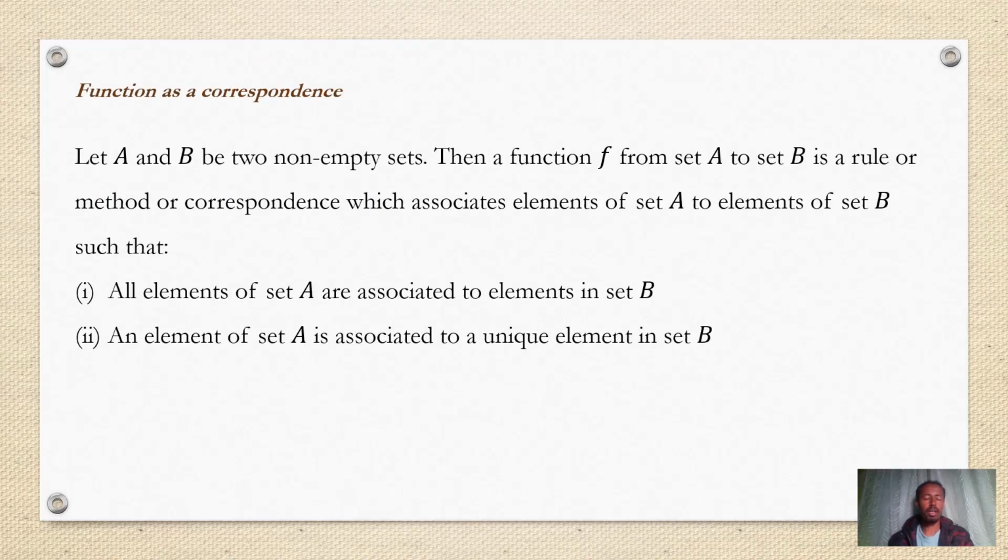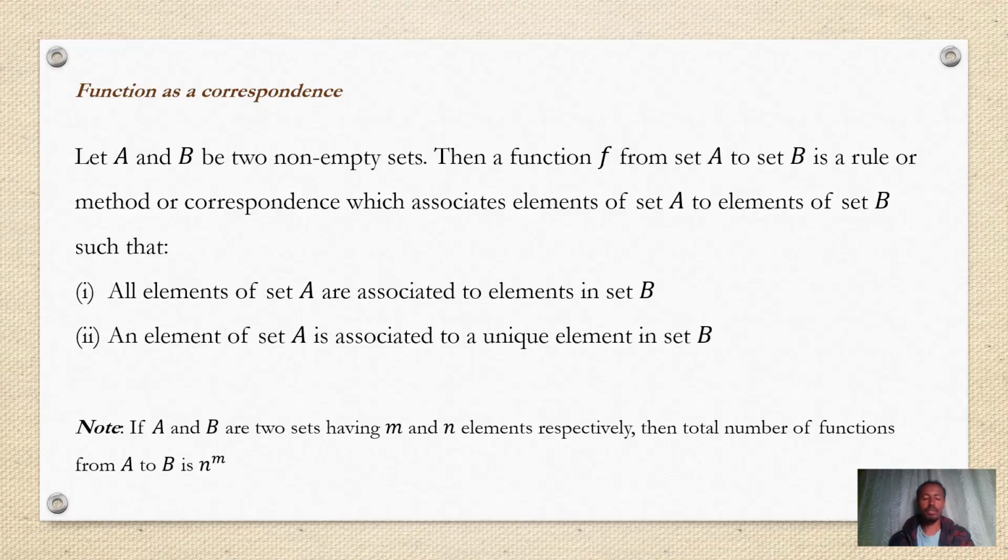Function as a correspondence. Let A and B be two non-empty sets. Then the function f from set A to set B is a rule, or a method, or a correspondence which associates elements of set A to elements of set B, such that all elements of set A are associated to elements in set B, and also a unique element of set A is associated with a single element in set B. Note that if A and B are two sets having m and n elements respectively, then the total number of functions from A to B is n to the power of m, which means n times n times n up to m times.